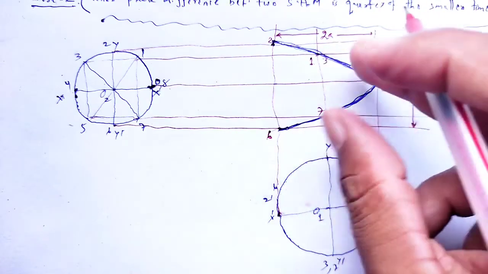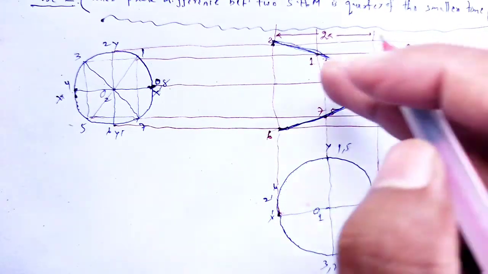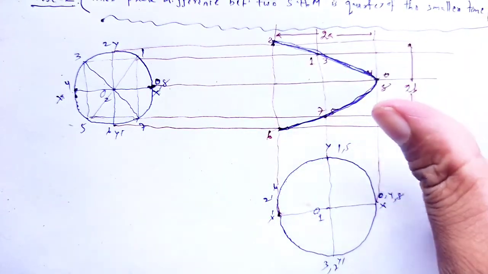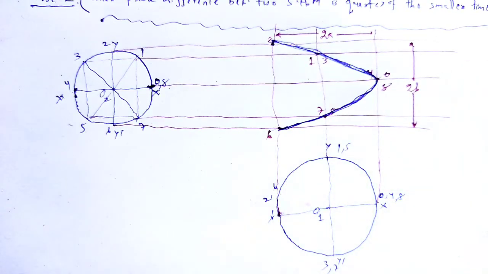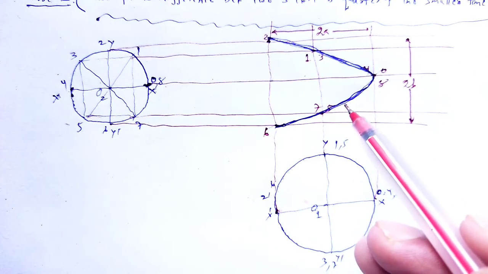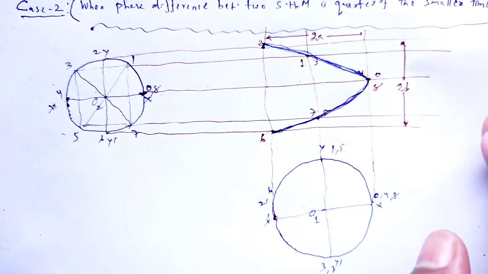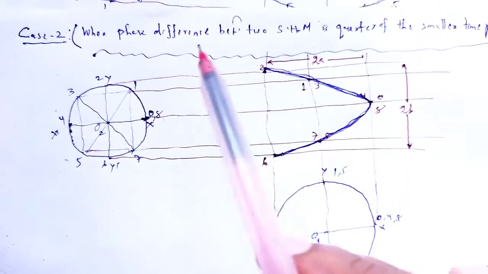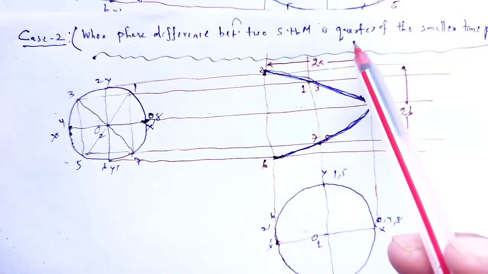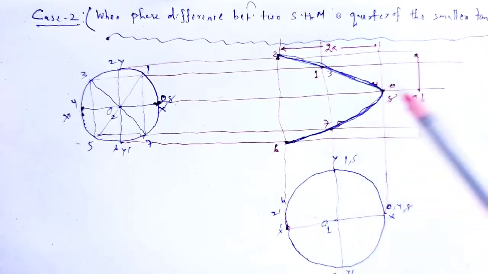The rectangle having sides 2a and 2b, here that parabola is inscribed. That figure we also get in the analytical method when the phase difference of the two SHM is a quarter of that of the smaller time period.